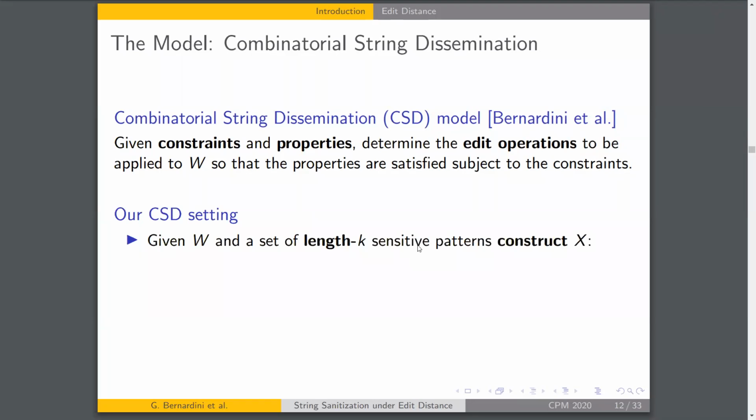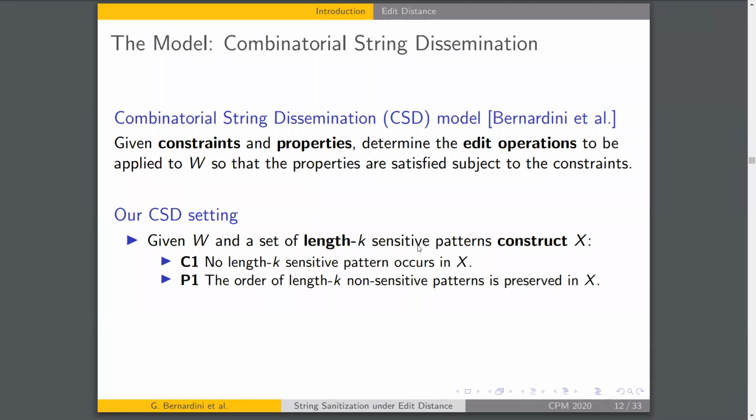And in our setting, we are given a string W and a set of length k sensitive patterns. And now we want to construct a new string X such that the following holds. So no length k sensitive patterns occur in X, such that we don't share confidential knowledge.